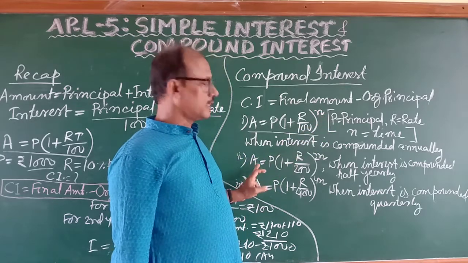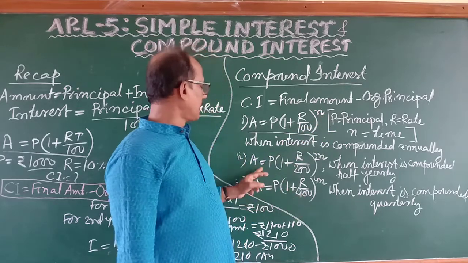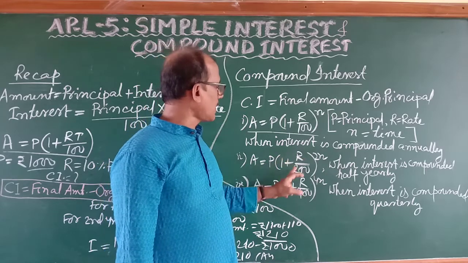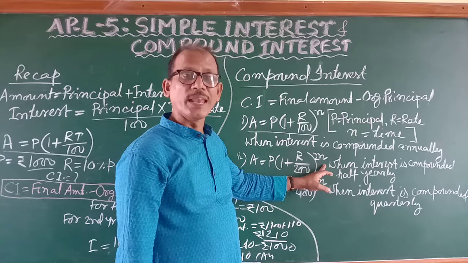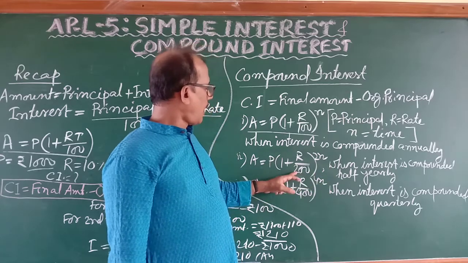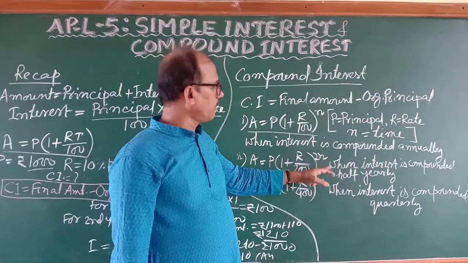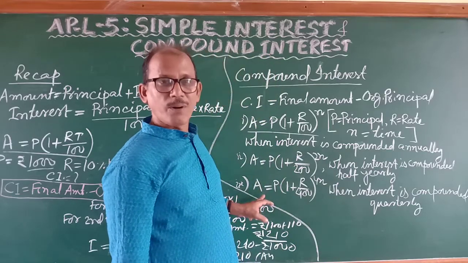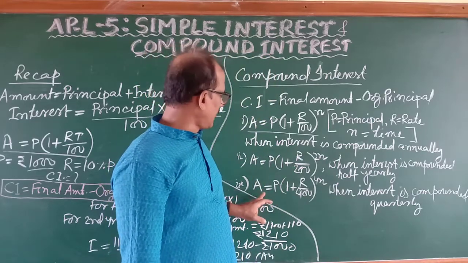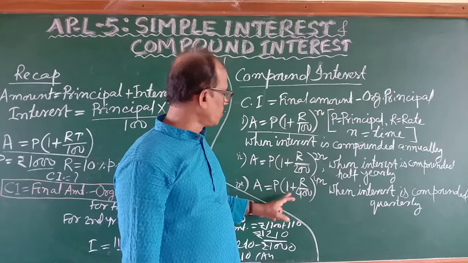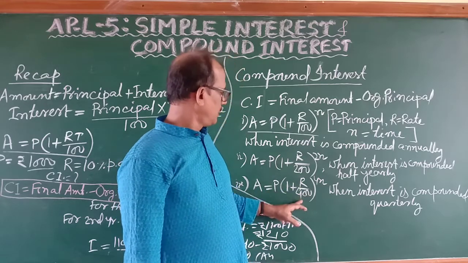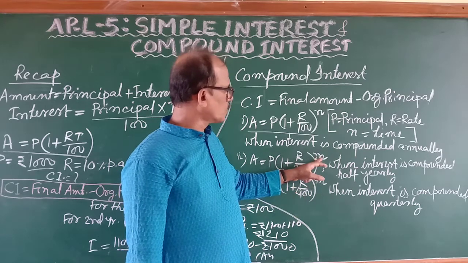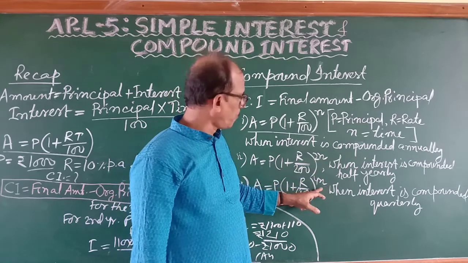But when it is compounded half yearly, the formula will be A equal to P into (1 plus R by 200) to the power 2n, when it is compounded half yearly. Similarly, when it is compounded quarterly, the formula will be A equal to P into (1 plus R by 400). Here it was 200 for half yearly, it is 400. Here it was 2n for half yearly, here it will be 4n.